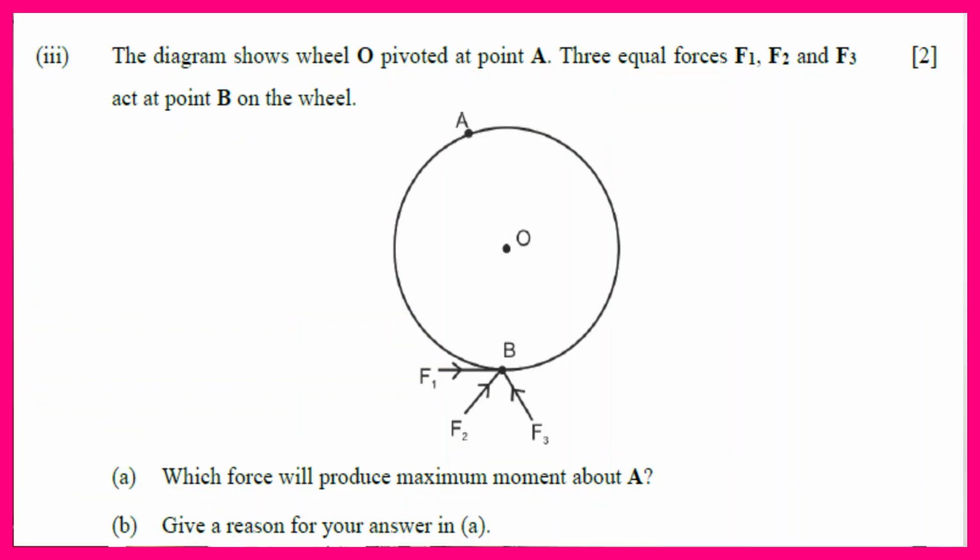Next, the third question of the same section. The diagram shows a wheel with center O which is pivoted at point A. 3 equal forces, F1 equal to F2 equal to F3, act at a point B on the wheel. Question A: Which force will produce maximum moment about A? Question B: Give a reason for your answer.